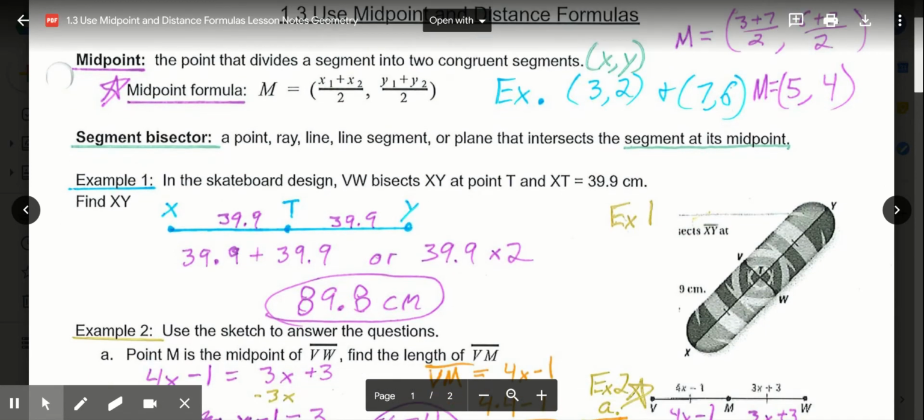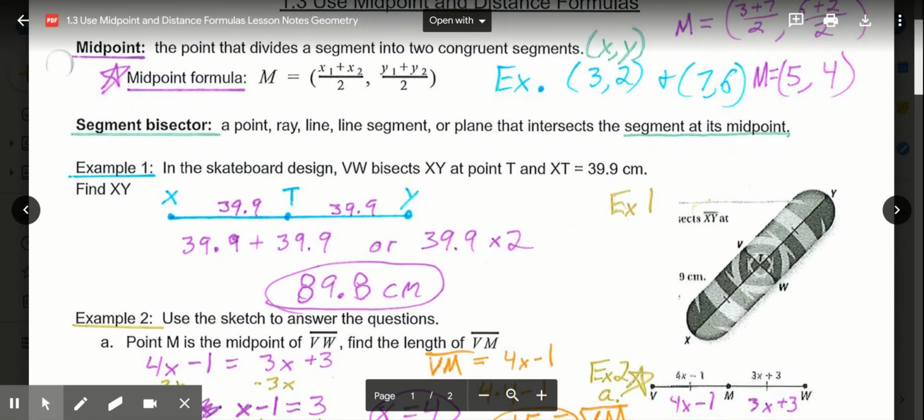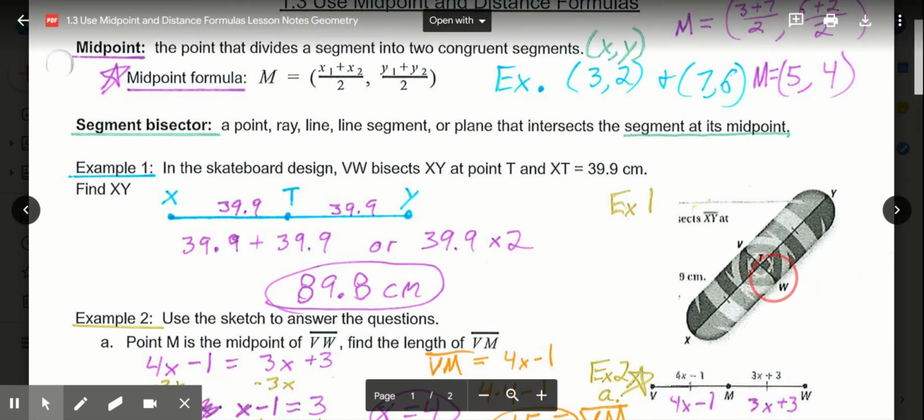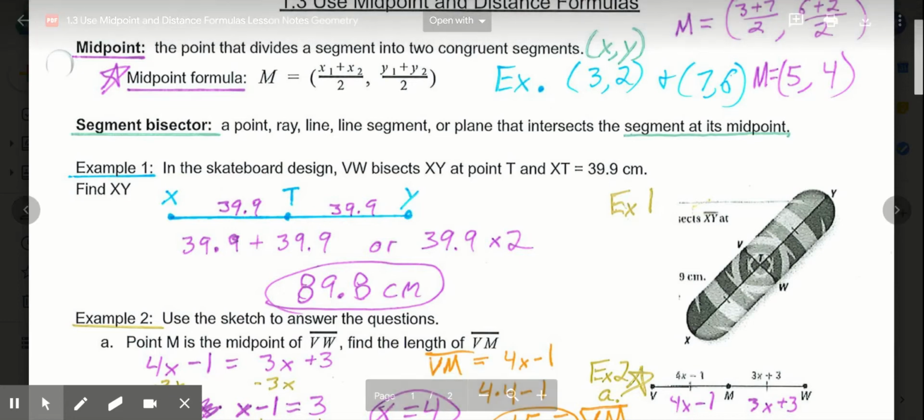Example 1 will be making sense of these ideas and putting them together. Example 1 first helps us understand the idea of a segment bisector. The problem says in the skateboard design over here at the right, segment VW bisects segment XY.